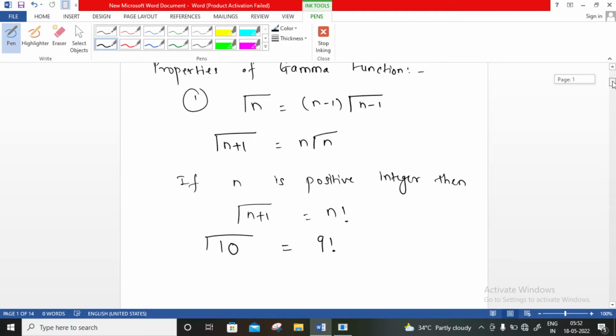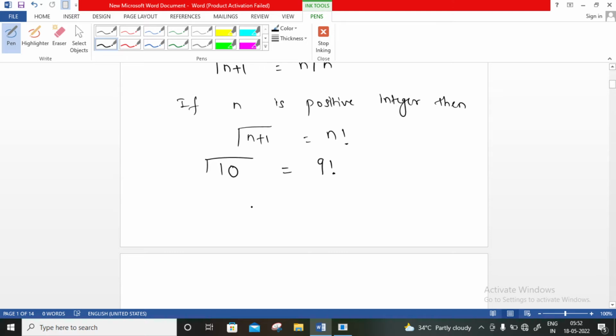Similarly, gamma 4 is equal to 3 factorial, and gamma 1 is 0 factorial, and 0 factorial is 1. So the gamma function is defined for positive integers.